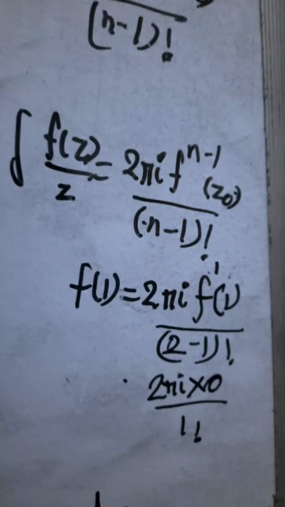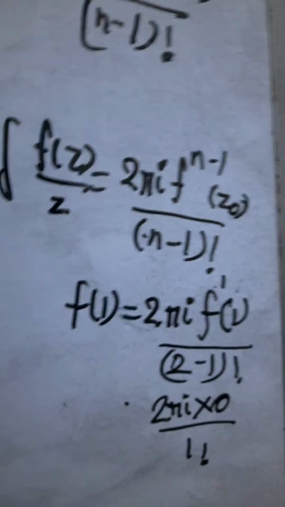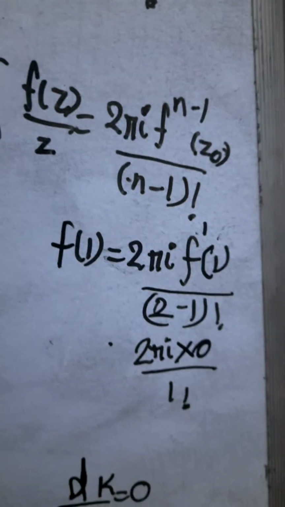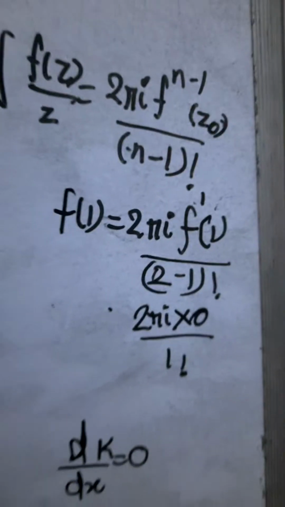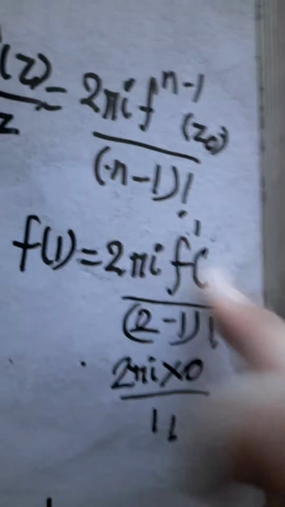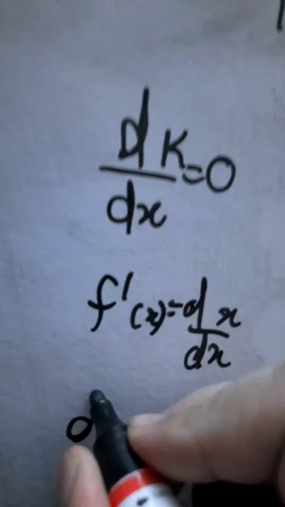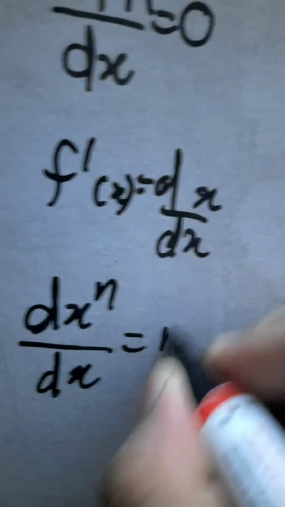So here, wait a second. What did I just do? No. It would be the derivative of z square, right? So d by dx of x raised to n is equal to n x raised to n minus 1.